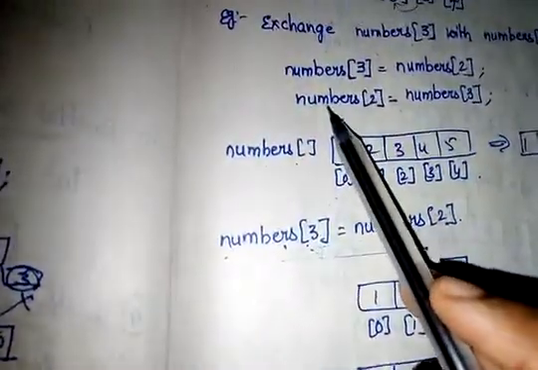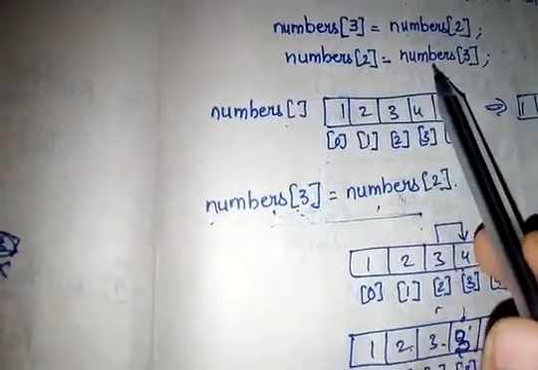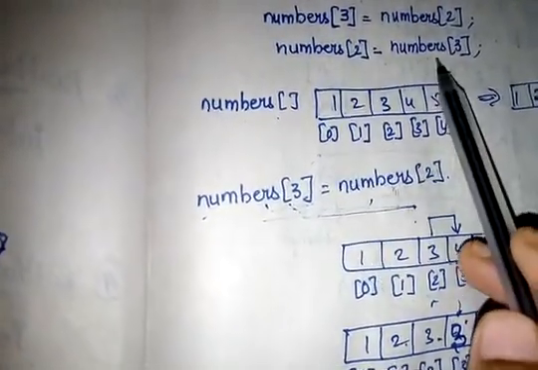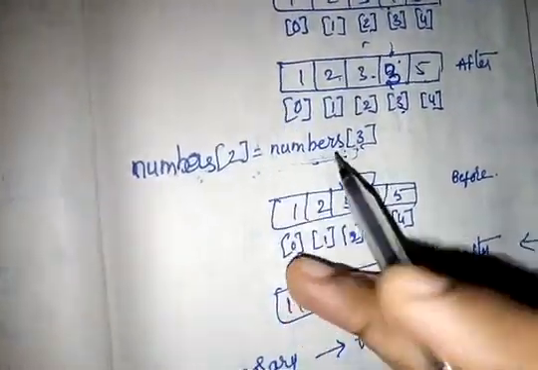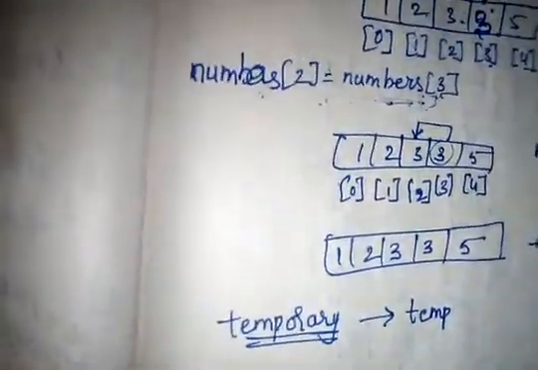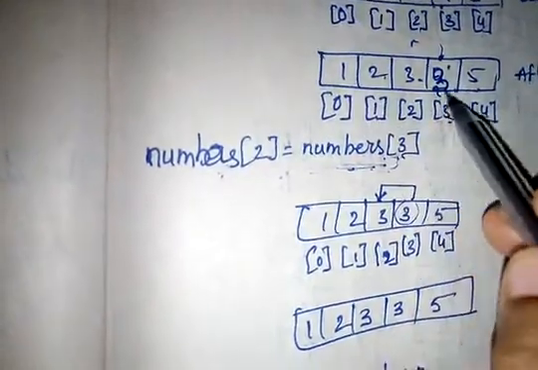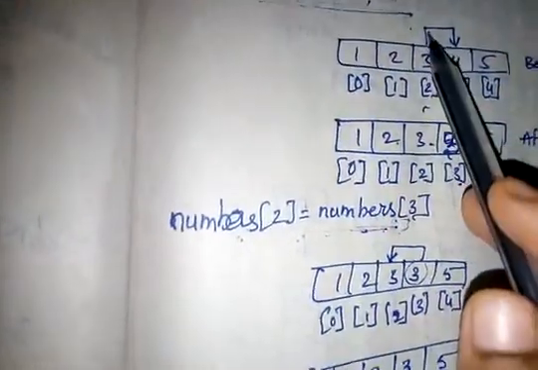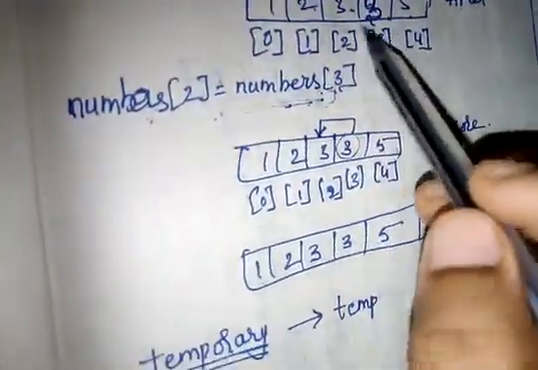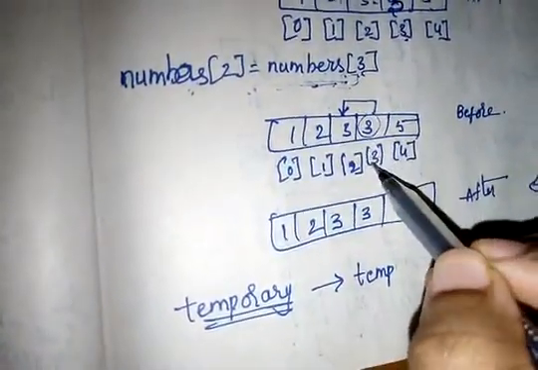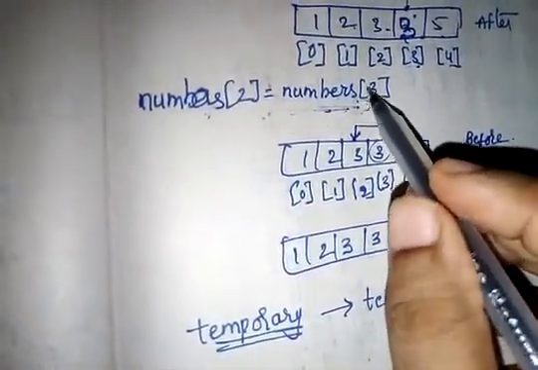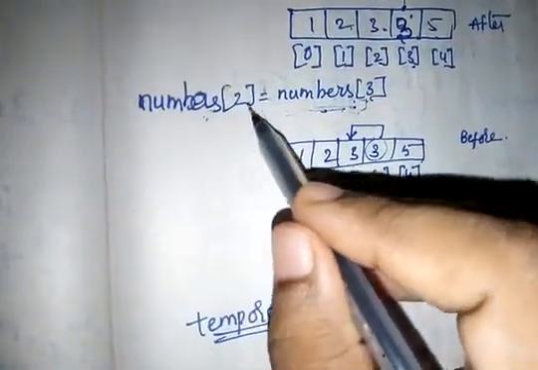Then the next statement we have written is numbers of 2 equal to numbers of 3. In numbers of 2 we should place the element of numbers of 3. The array we have after executing the first statement is 1 2 3 3 5. Now we are saying the element at index 3 should be assigned to index 2.